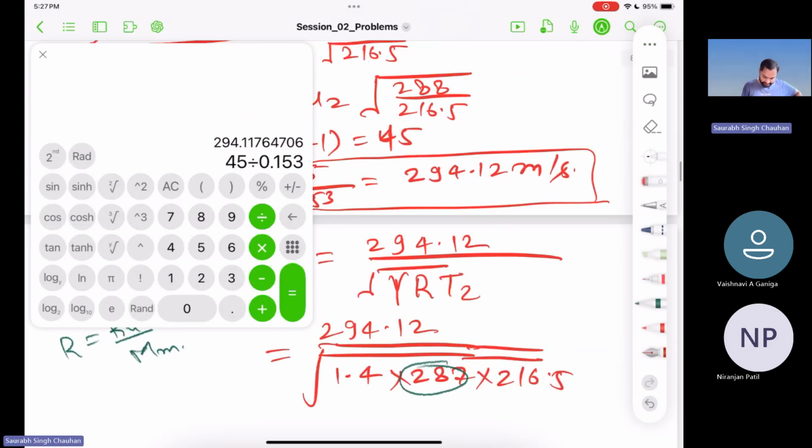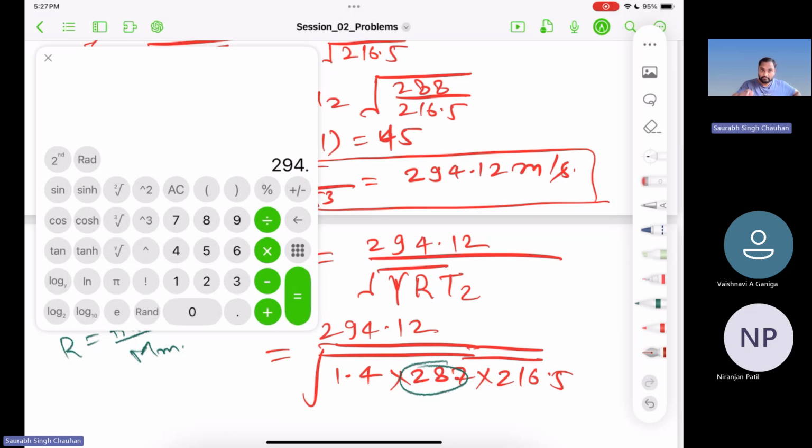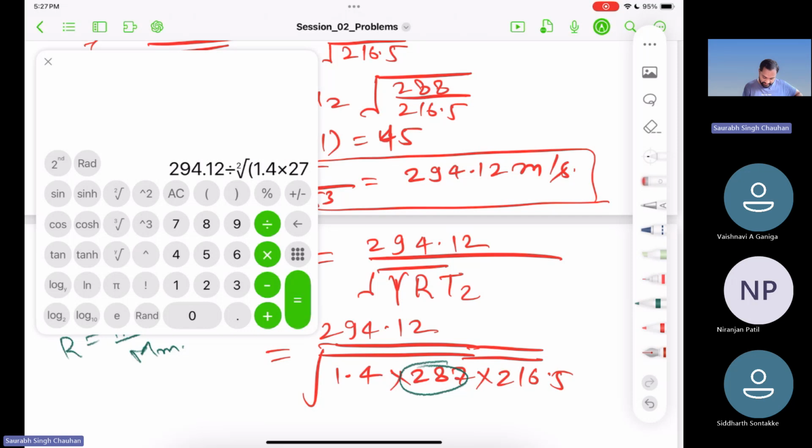then it comes out to be 294.12 divided by the square root of 1.4 times 287 times 216.5.